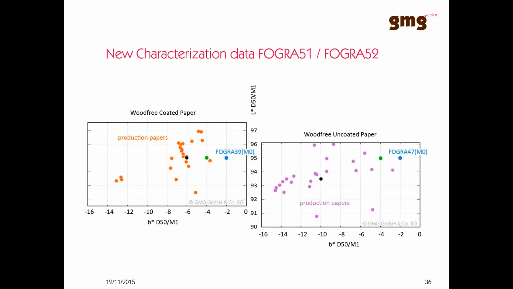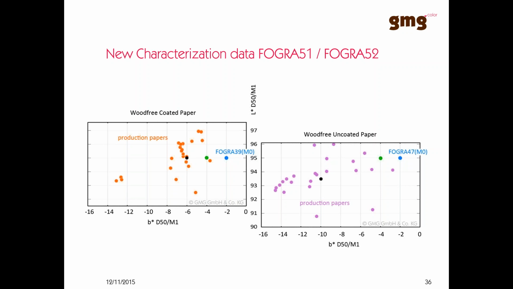This is an example of some measurements we've done. On the left side, you see some orange dots which are target values measured in LAB from wood-free coated production papers. On the right side, you see wood-free uncoated paper. Let's see the left side first. We measured with M1, we measured with many different M1 devices to get this captured as well. We measured M1 on the different stock.